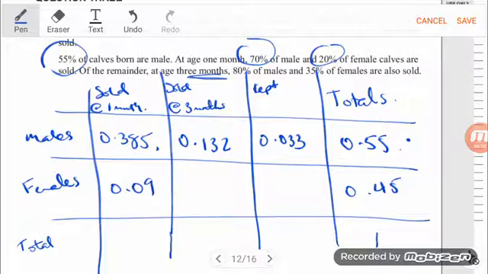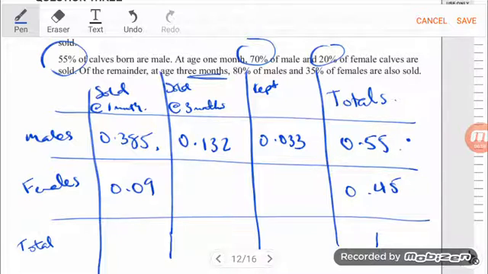So we can go 0.55 minus 0.385, which is 0.165, times 0.2 is equal to 0.033, yes.